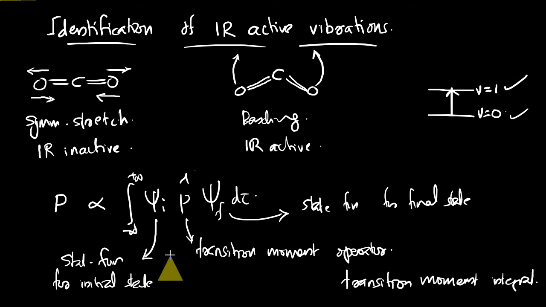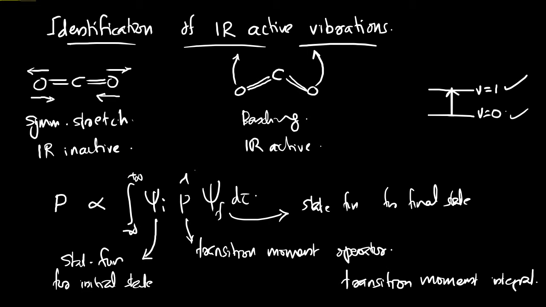If the transition moment integral has some other value, a non-zero value, then there is a probability for the spectral transition, or in other words, that is an IR active vibration. So in order to see whether a particular vibration is IR active or IR inactive, we have to calculate the transition moment integral for that particular mode of vibration.